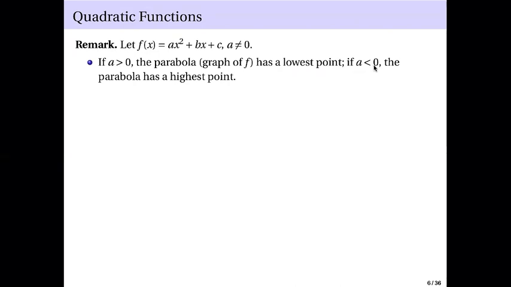If a is less than 0, the parabola has a highest point, because it is opening downwards. So a positive, it has a lowest point. A negative, it has a highest point.